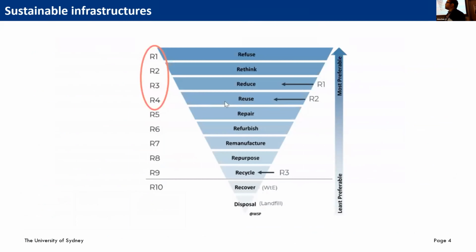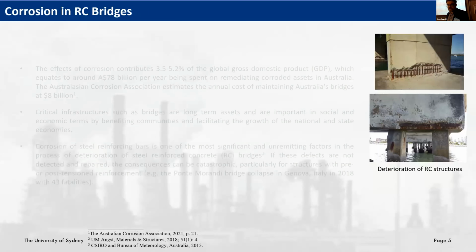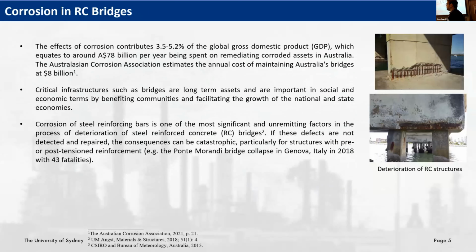If we can improve the service life of the structure, it has much more impact in terms of reducing CO2 emissions and improving sustainability. So that's why structural health monitoring would be very beneficial for improving our built environment in terms of having a greener and more sustainable built environment.